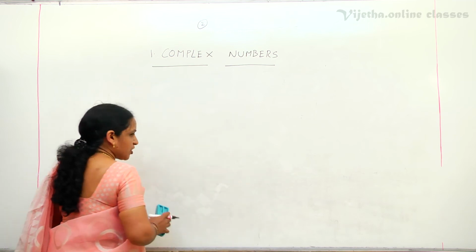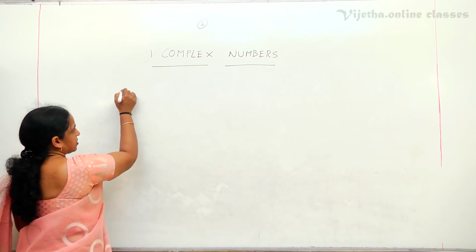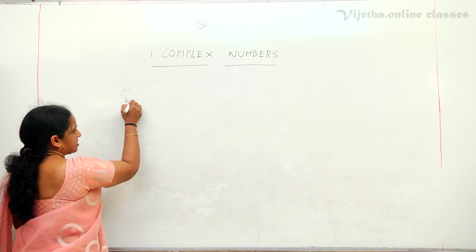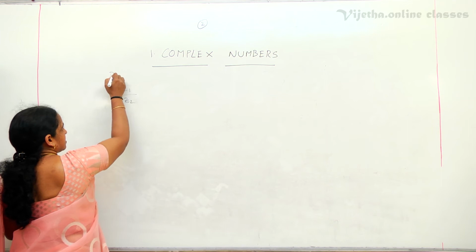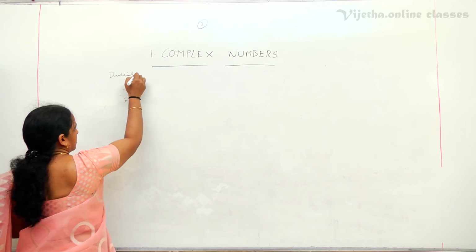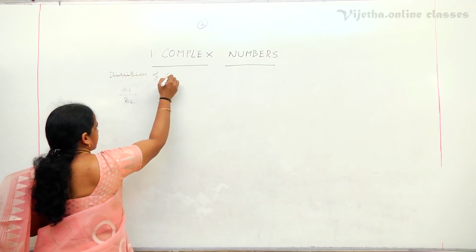Division of the complex numbers, Z1 by Z2. This is the division of complex numbers.